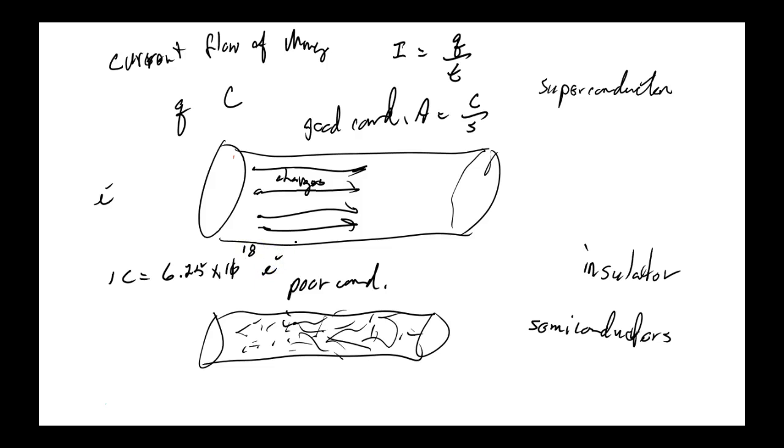Okay? An electron is so incredibly tiny, you would need 6,250,000,000,000,000,000 electrons to make 1 coulomb of charge. I don't even know how to name that.